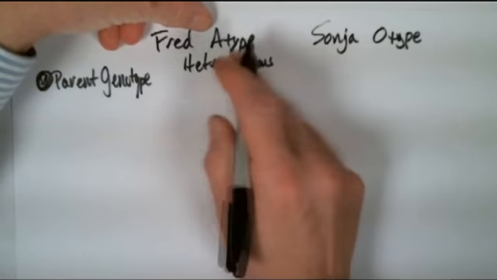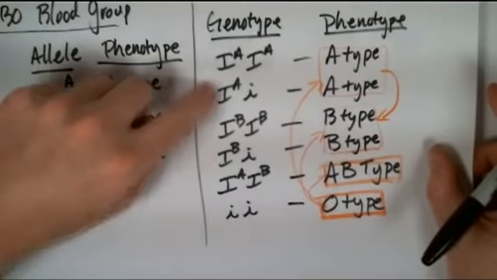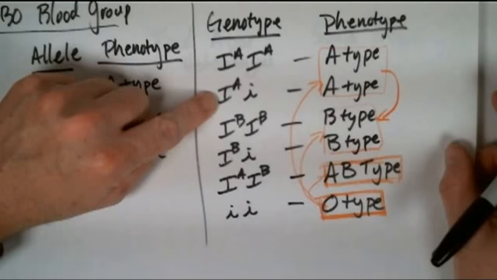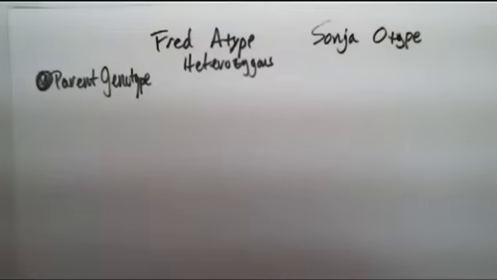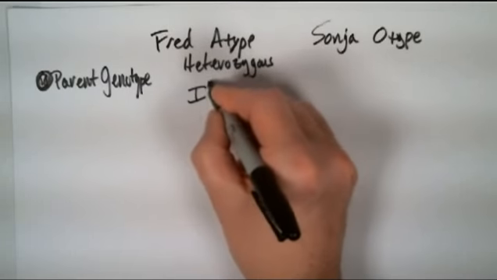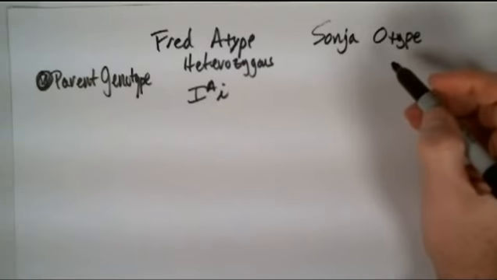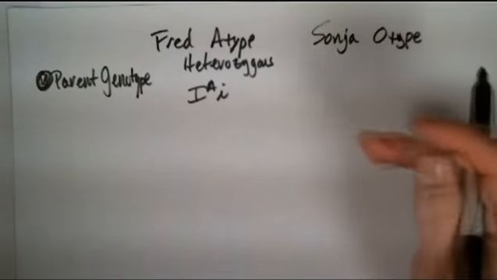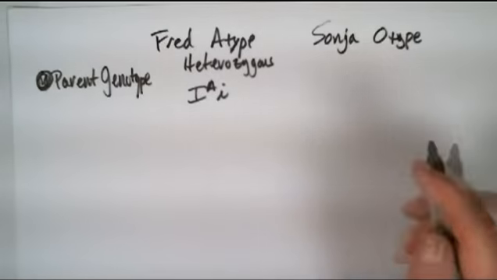And since he is A-type and heterozygous, the only one he could be is this. This is the only A-type that has two different alleles. So this has got to be Fred. This is what you've got to be able to do in your head from scratch. Sonia is O-type, and since O is the recessive allele, this is the only genotype she could be.